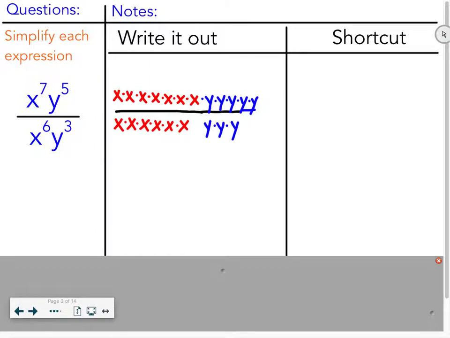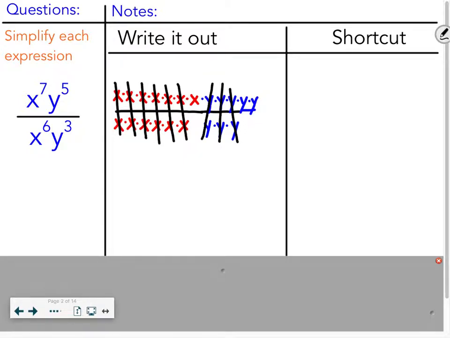The way you simplify monomials that you are dividing is by canceling when you have the same letter on the top and the bottom. So cancel, cancel, cancel, cancel, cancel, cancel. I don't have any more x's on the bottom, so I have to leave the 1 on the top. Now I can go to my y's. Cancel, cancel, and cancel.